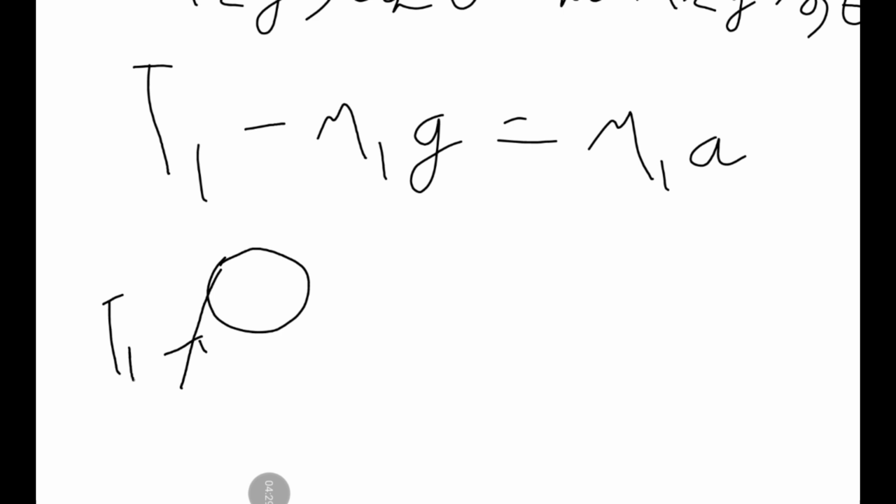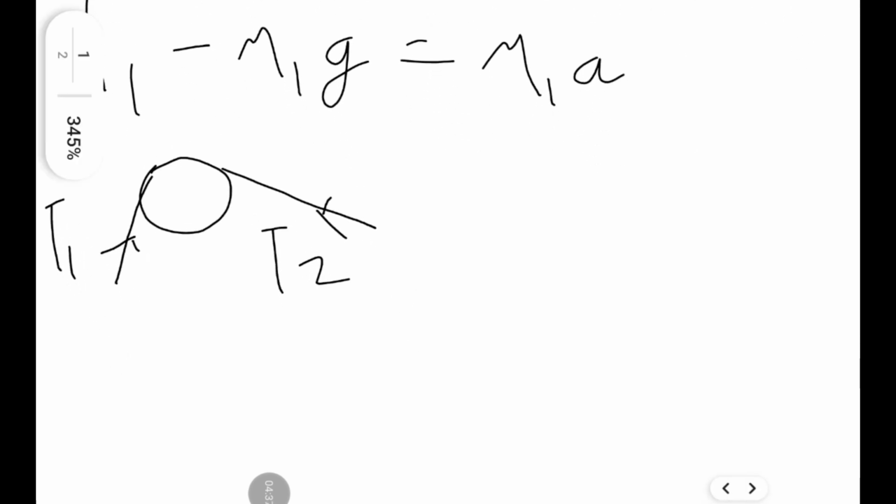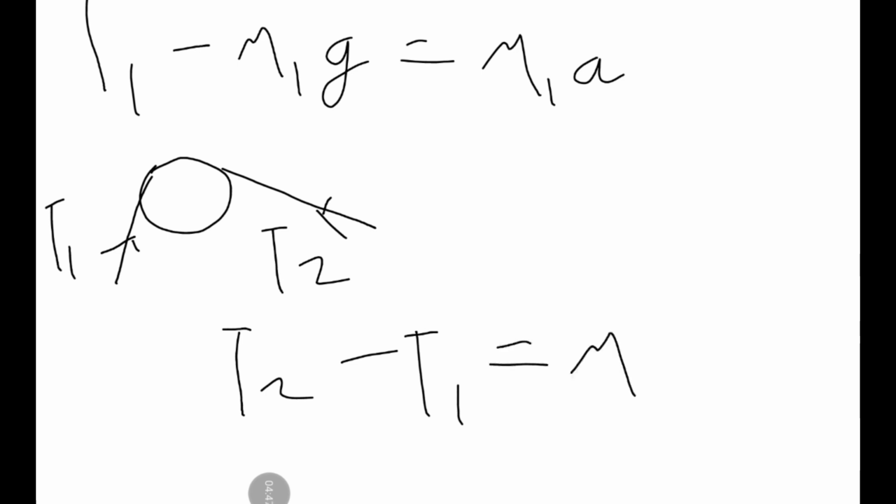you have T1, and then you have tension 2. Because it's massless, we can look at the acceleration of the rope as T2 minus T1 is equal to the mass of the rope, mass R, times the acceleration of the system.